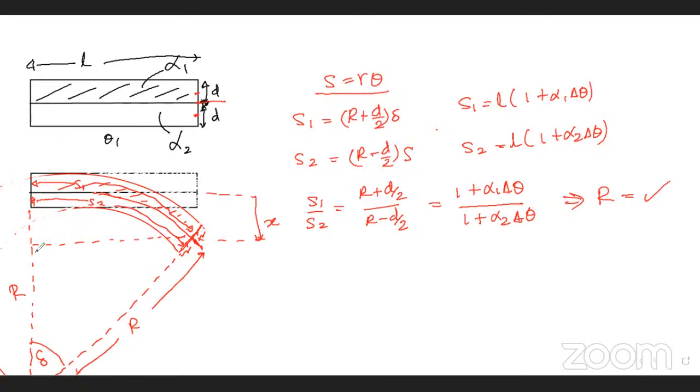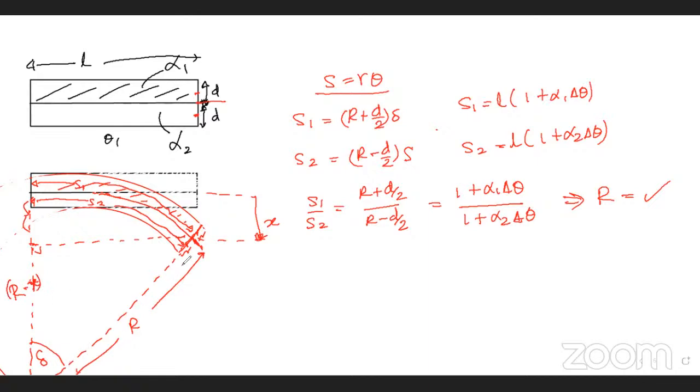Then according to this figure, this is a right angle triangle. So this distance is x. So this length is then R minus x.